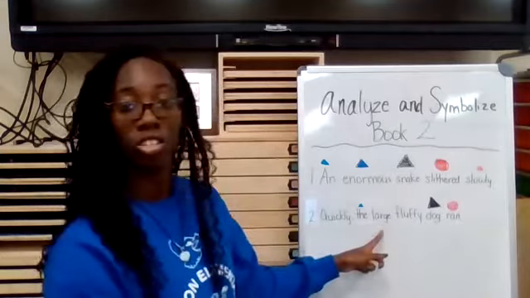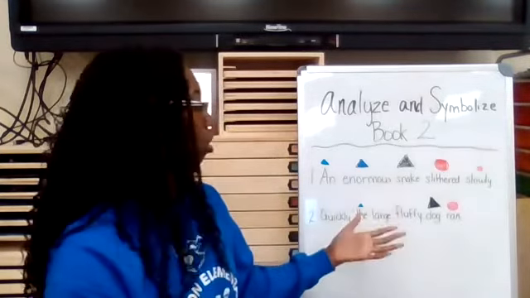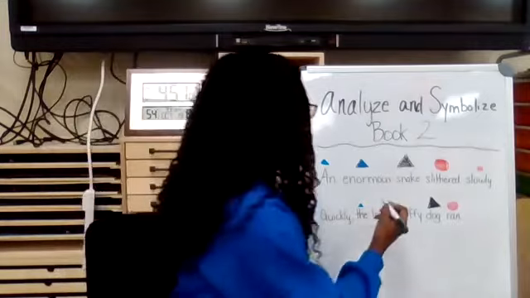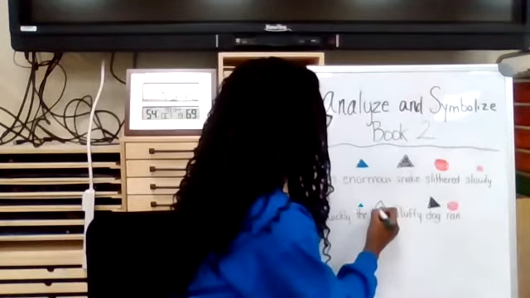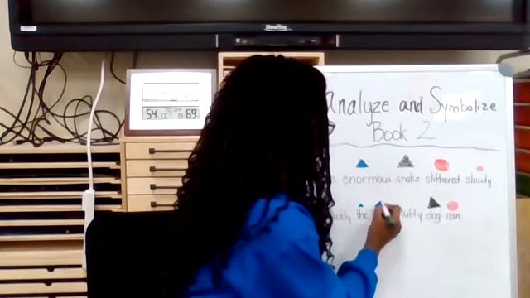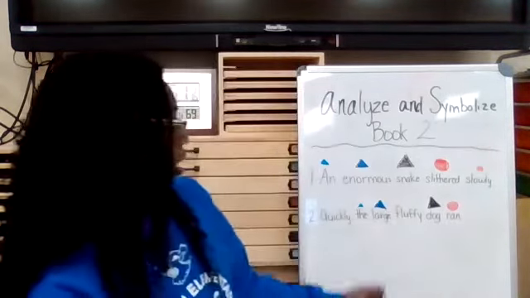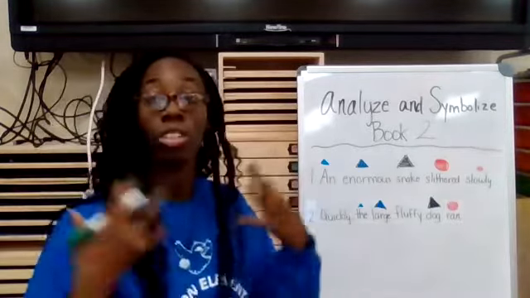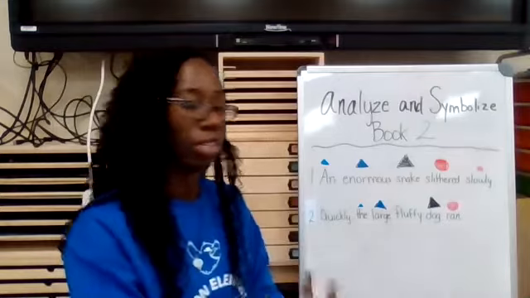So large is telling me the size of the dog, which is again an adjective describing. I'm going to get my dark blue and make it a little bit bigger. And then fluffy is telling me the texture, how the fur feels.